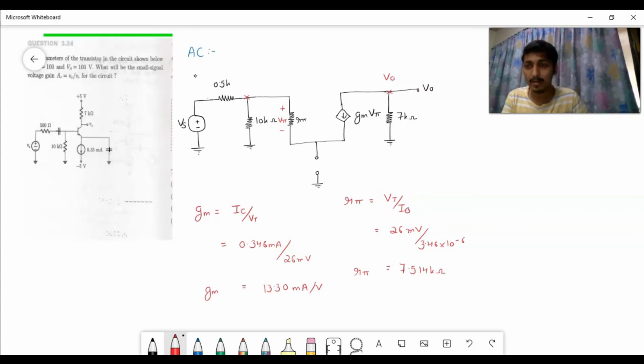But you can see our Early voltage is also there, so one more resistor will come, that is nothing but r0. r0 is Early voltage by Ic. Early voltage is 100, and Ic is 0.346 milliamps.